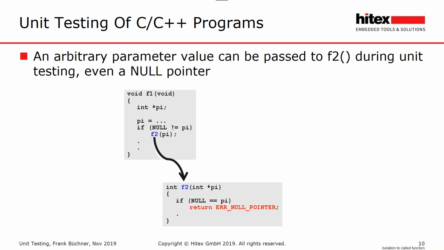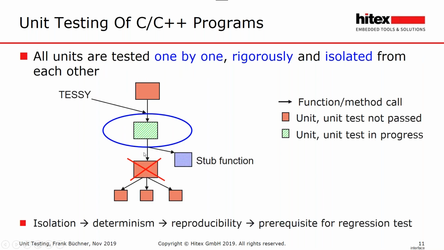That's another point here. This is the advantage of the isolation to the calling function. I said there's also isolation to the called function. In case you do pure unit testing and your unit under test calls another function, this function which is called is replaced by so-called stub functions.